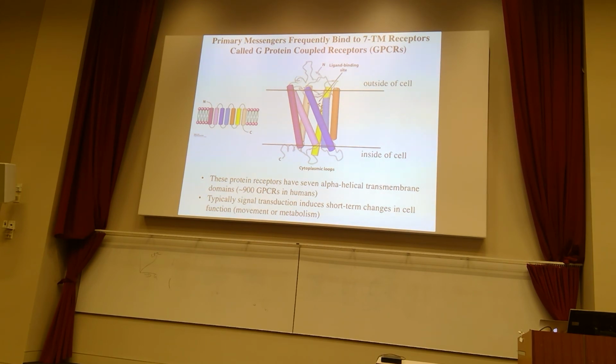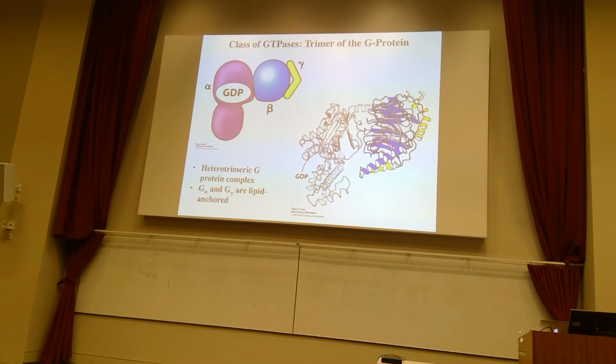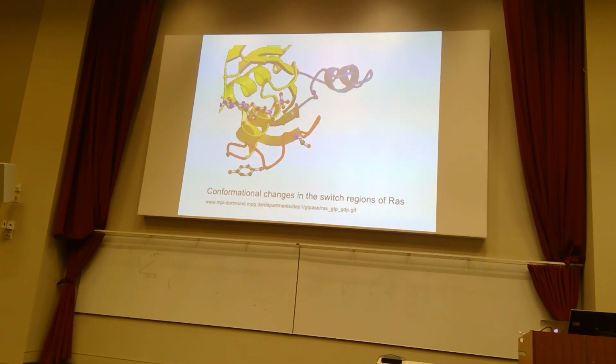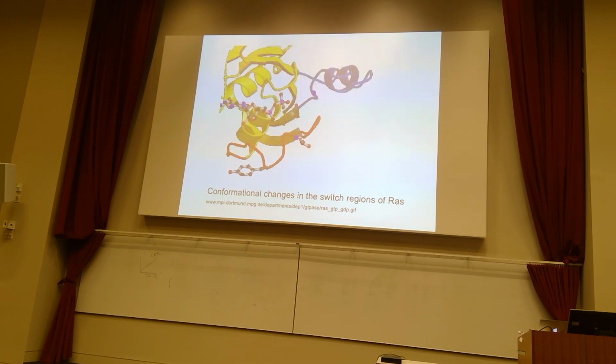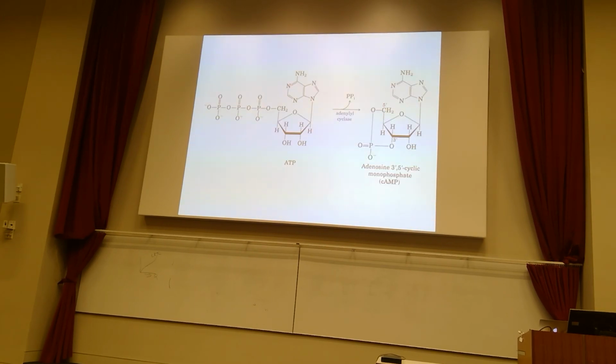Oftentimes they're called 7 transmembrane receptors because there's 7 helices that extend from one side of the cell membrane to the other. We'll talk about the structures that have been solved, how these engage with the G proteins inside the cell, which are formed of 3 subunits, and the types of mechanisms that are used to turn that signal on and off associated with the hydrolysis of GTP, as we see in this cartoon.